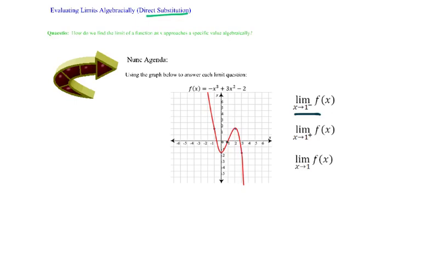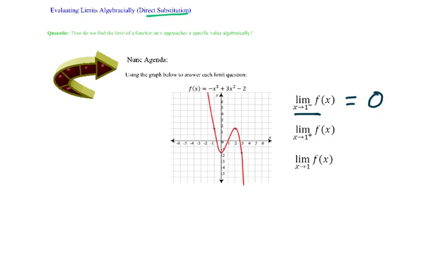So right around here is 1. If I'm approaching from the left, I am following the graph along from the left-hand side, looking for the y value that I'm getting closer and closer to. And that y value in this case seems to be 0.